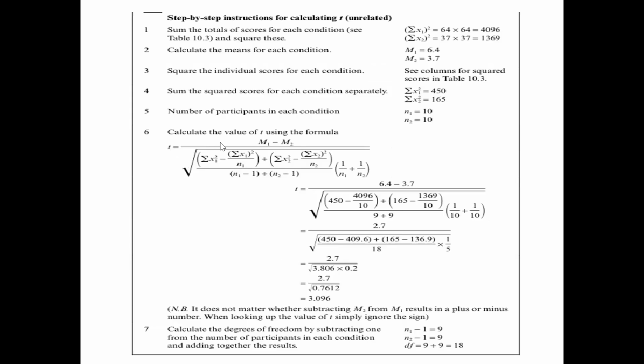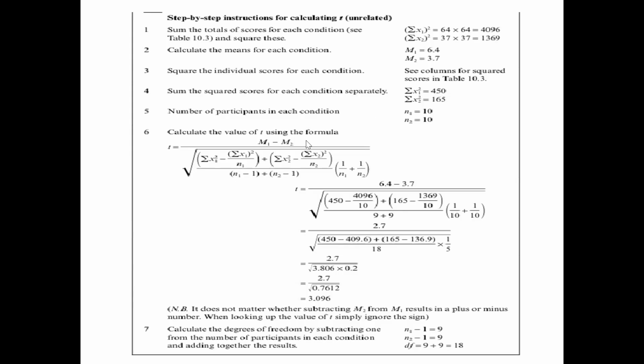So you say t equals M1 minus M2 divided by the square root of summation x1 square minus summation x1 all squared divided by n1 plus summation x2 square minus summation x2 all squared divided by n2, all divided by n1 minus 1 plus n2 minus 1, then multiplied by the bracket 1 over n1 plus 1 over n2.